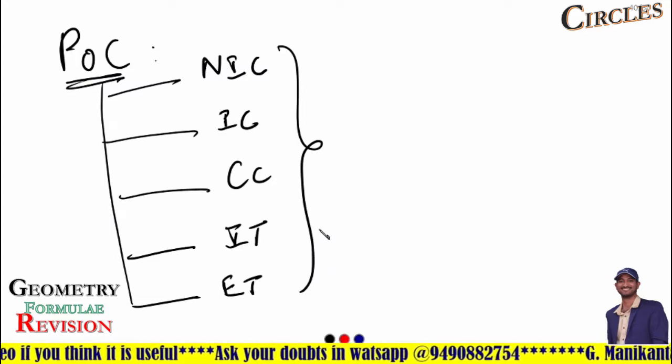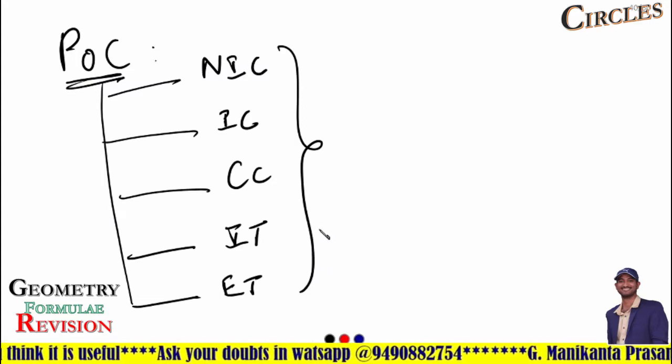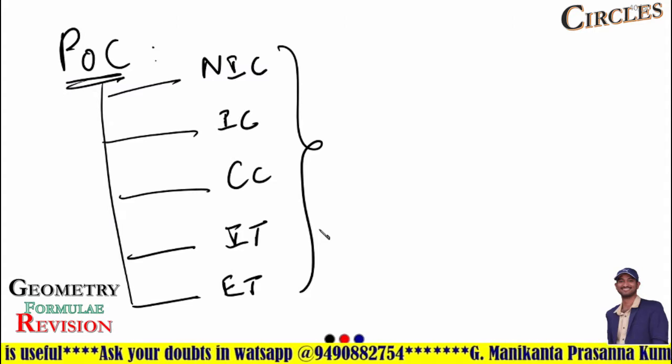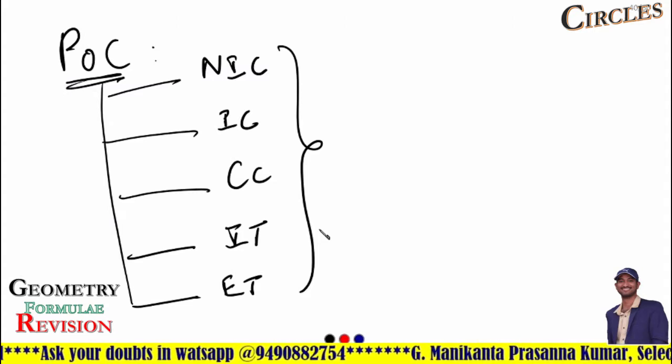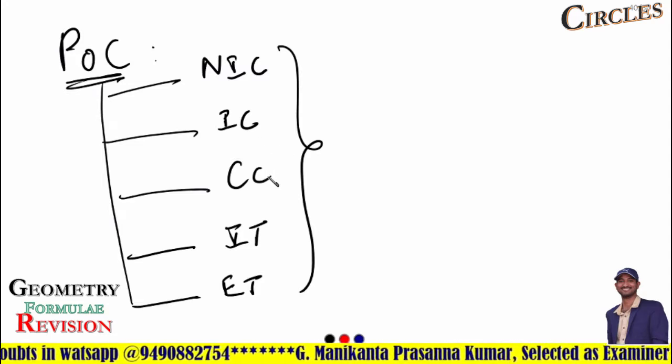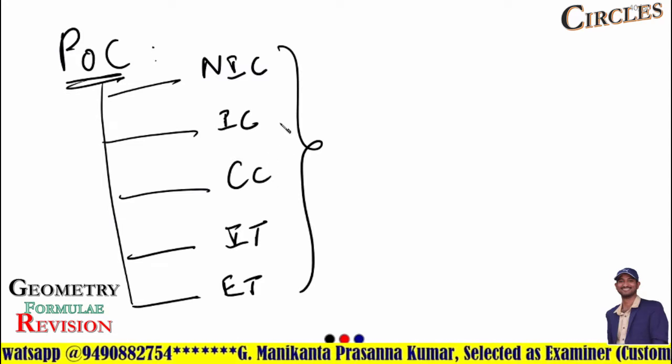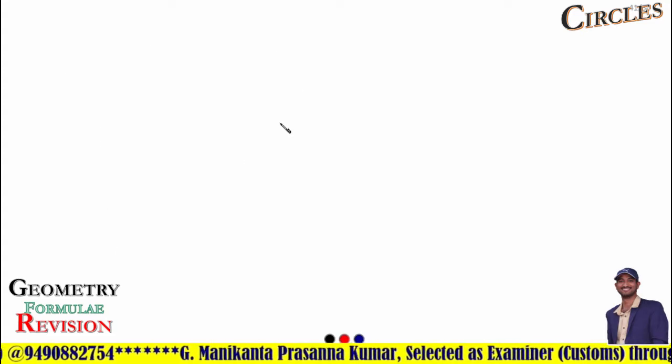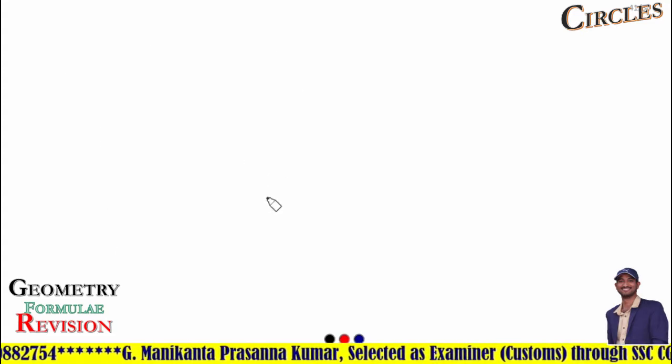For each type we have different formulas and different models, and we have to revise all of these before the exam. Before starting with any type, first I have to tell you about the common tangent. When a tangent is common to both circles, given 2 circles, it is called a common tangent.